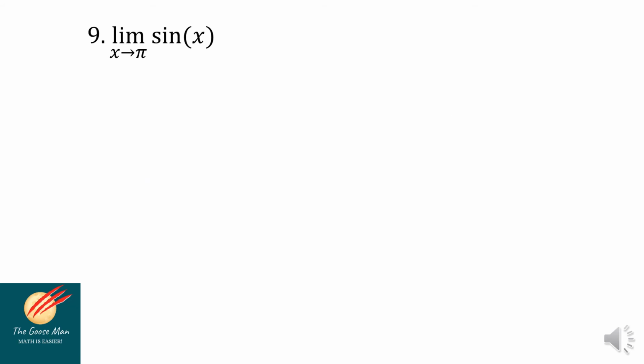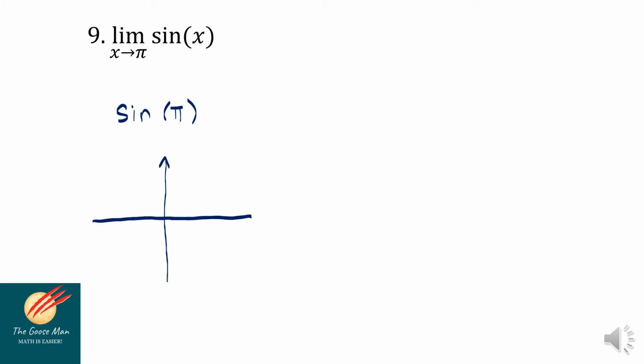So let us consider item number 9. We have the limit of sine of x as x approaches pi. By direct substitution, we can say that it is sine of pi. Again, if we use our Cartesian plane, let's draw the Cartesian plane.